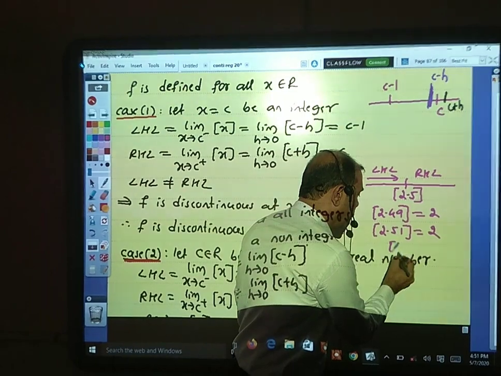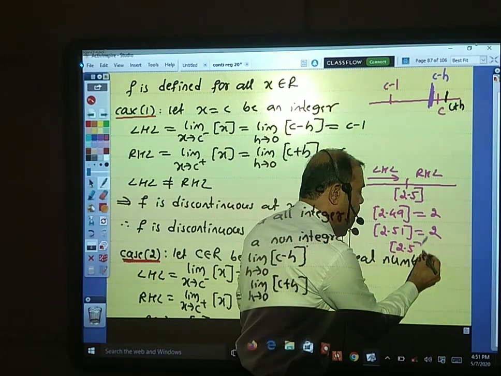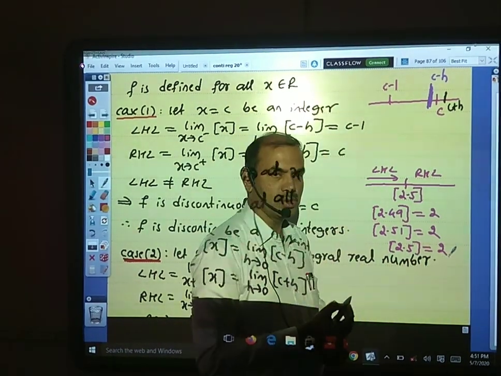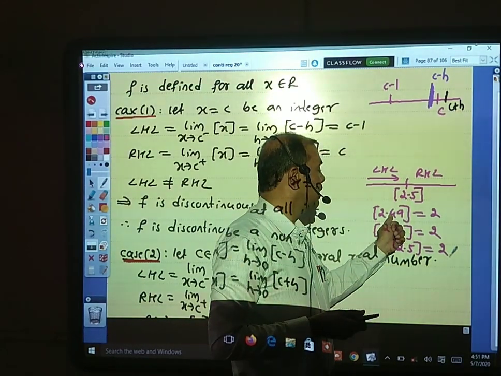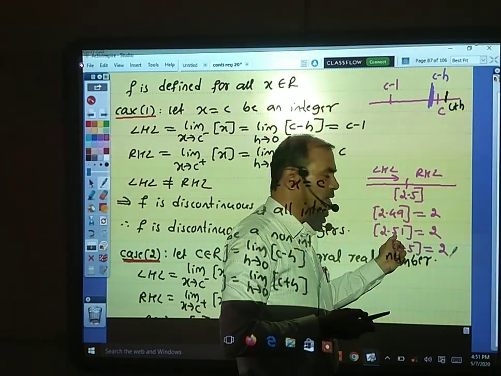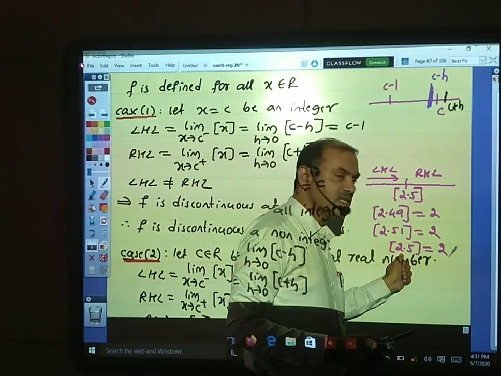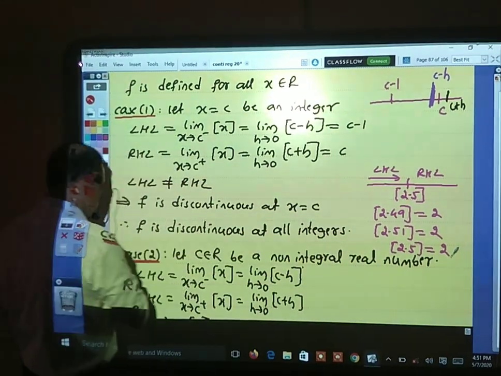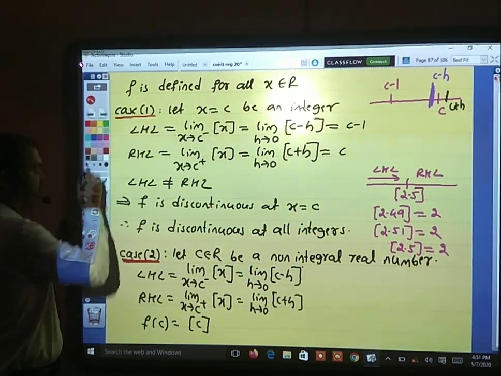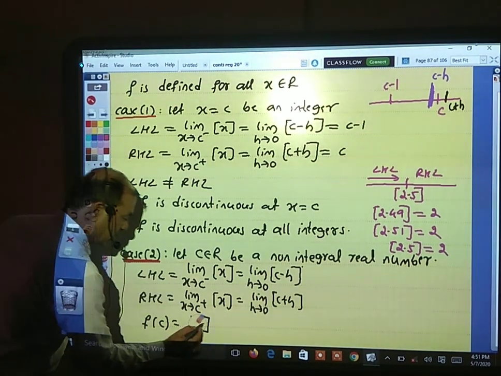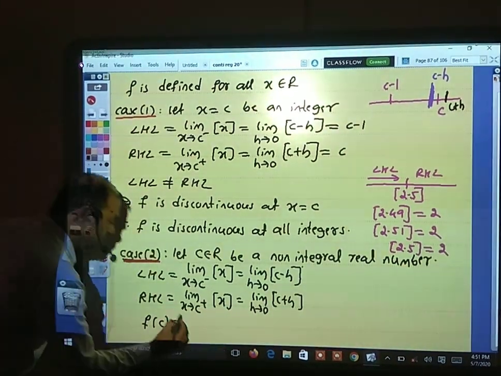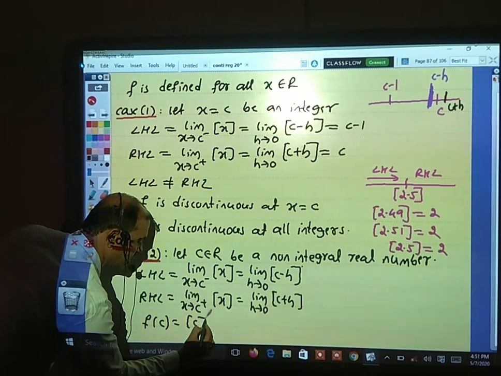And what is the greatest integer of 2.5? That is also 2. So this is nothing but c minus h, this is nothing but c plus h, this is nothing but exactly c. And the exact value f of c is nothing but greatest integer of c.